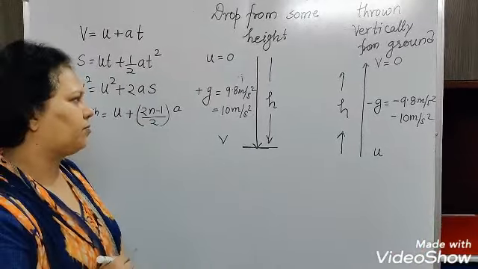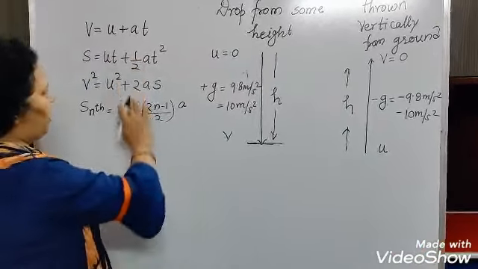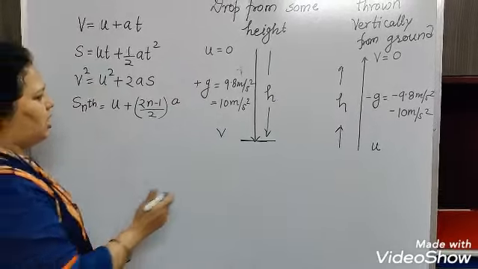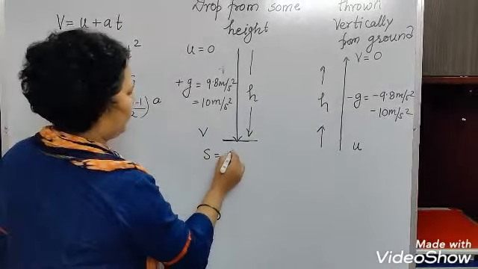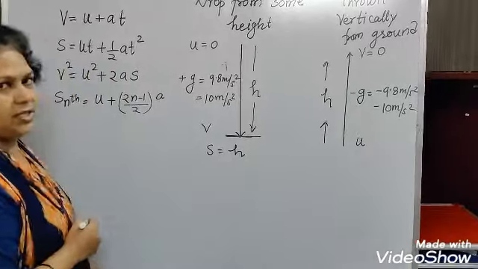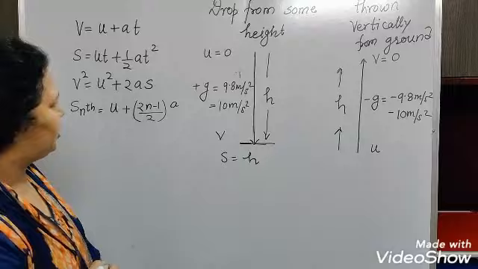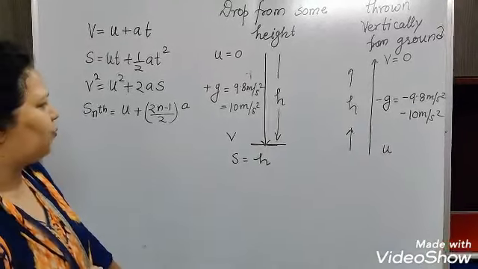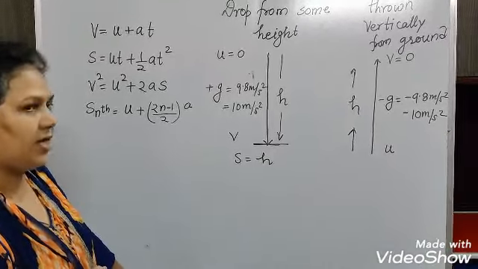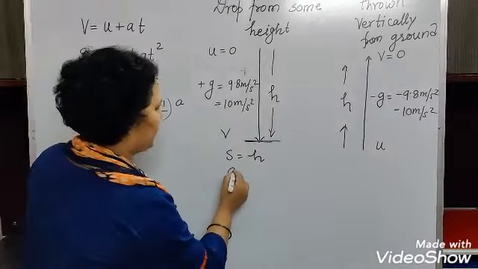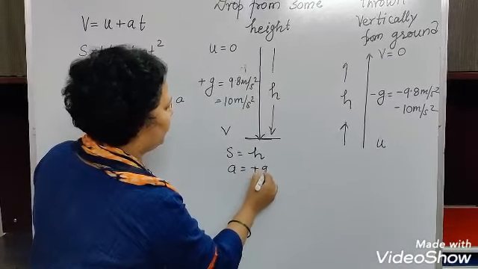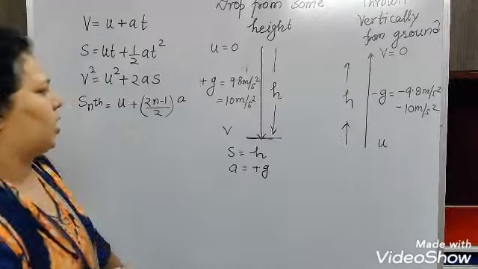Okay. So in this formula, what change do we have to make? Here s we write as h, the displacement is the height attained by the object. Initial velocity as it is u, final velocity as it is v, and acceleration a is here plus g in this case, plus g.